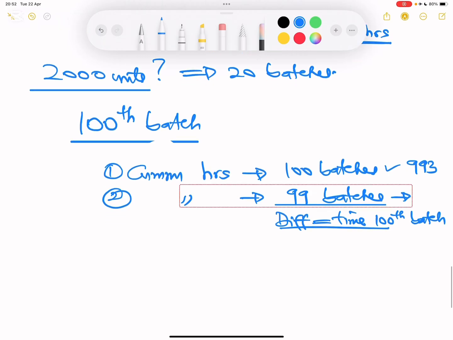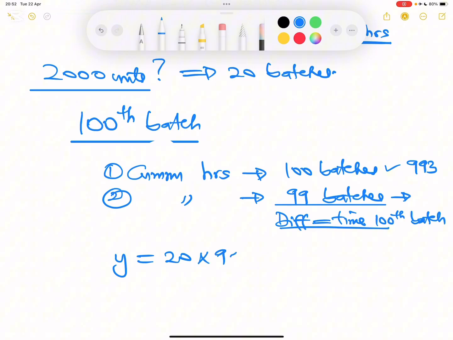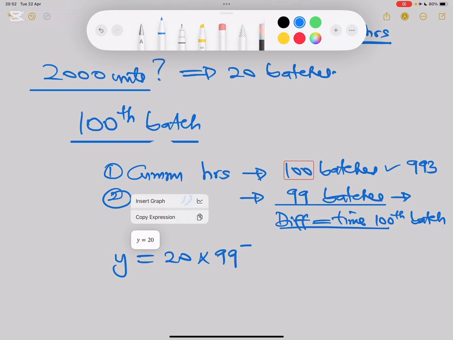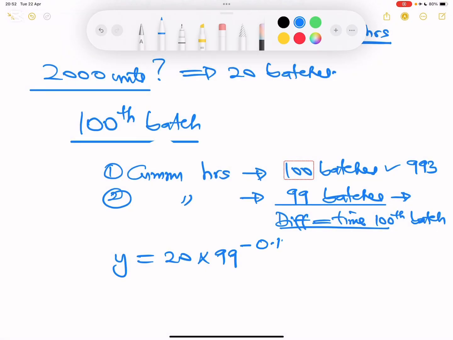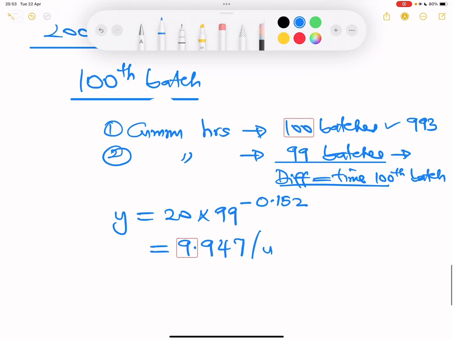So for 99 batches, we first need to calculate Y, which is the average time per batch in a group of 99. That will be equal to the first, which is always 20. Now we're talking of a batch of 99. Then B remains the same, raised to power minus 0.152. And that will give us 9.947 per unit, per batch.